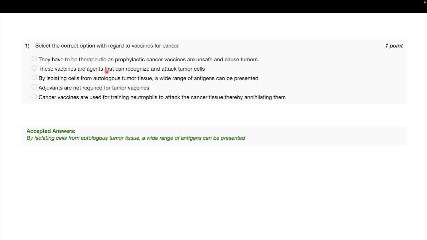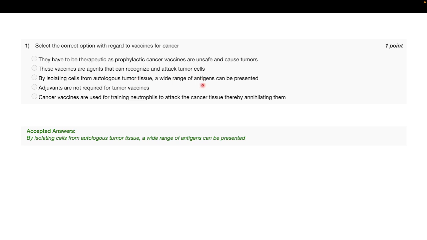Second option was, these vaccines are agents that can recognize and attack tumor cells. No, that's not actually correct. These vaccines are not going to attack the tumor cell. They are going to train your immune system to attack those particular tumor cells. So the vaccines are not directly responsible for attacking tumor cells. By isolating cells from autologous tumor tissue, a wide range of antigens can be presented.